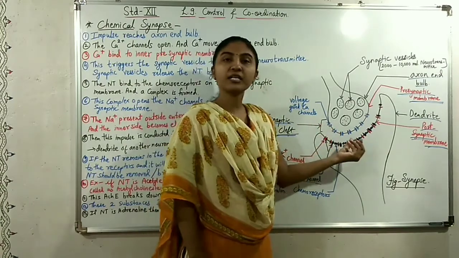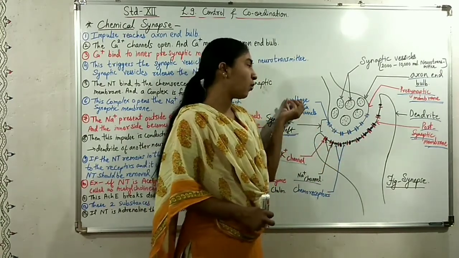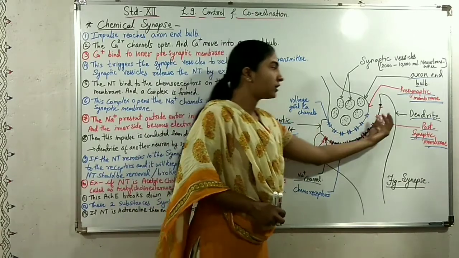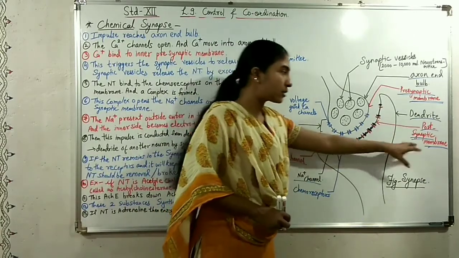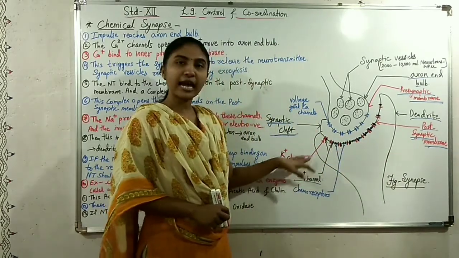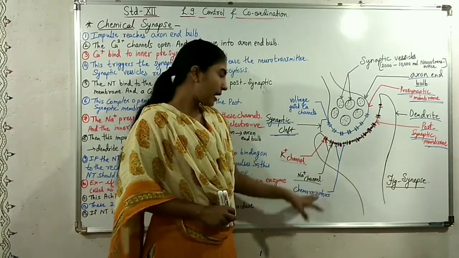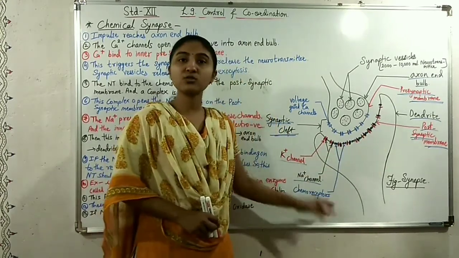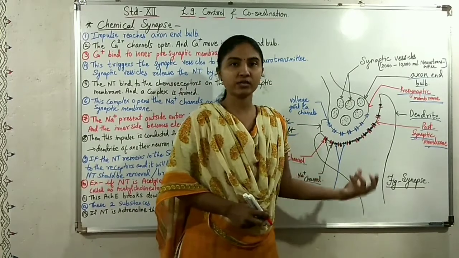On the presynaptic membrane there are voltage gated calcium channels, and on the postsynaptic membrane there are channels for calcium and sodium, and there are also receptors. These are called chemoreceptors, or neuroreceptors.